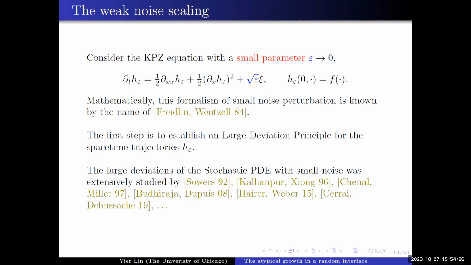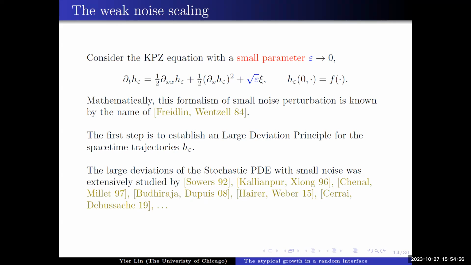Mathematically, this formalism of small noise perturbation, or weak noise setting, is known by the name of Freidlin and Wentzell, who first studied stochastic differential equations driven by diffusion with small noise perturbation. To understand the behavior of the space-time trajectory, the first step is to establish a large deviation principle, as people did for Brownian motion.